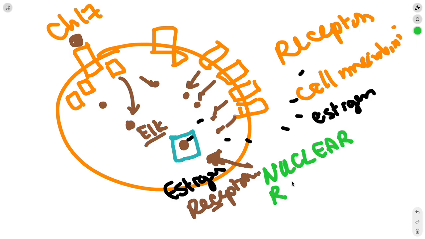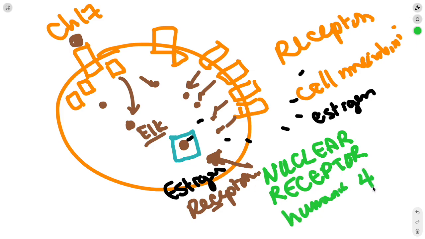And for all of them, their ligands can be inside the cell. They can float through the cell membrane, or they're made inside the cell. So these are nuclear receptors. In humans, there are 48 nuclear receptors, and we're focused on one. They're in a family, a group, and they are really important in our health, okay?